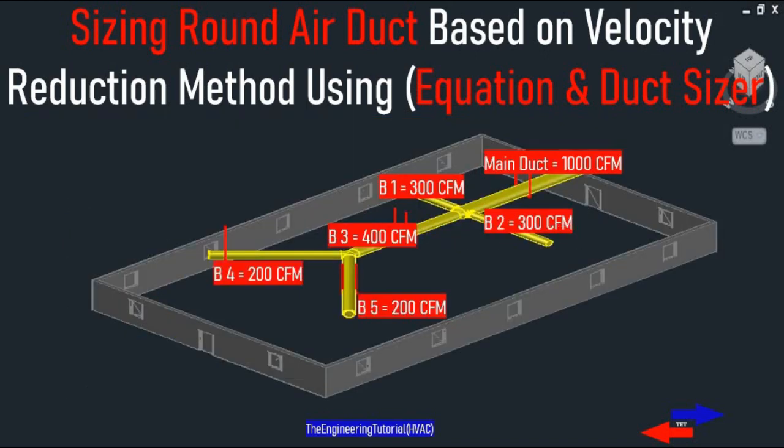As you can see, the airflow rate of 1000 CFM flows through a main supply duct, and there are 5 branches: B1, B2, B3, B4 and B5. We have 300 CFM for B1 and 300 CFM for B2, 400 CFM for B3, and 200 CFM for B4 and 200 CFM for B5.